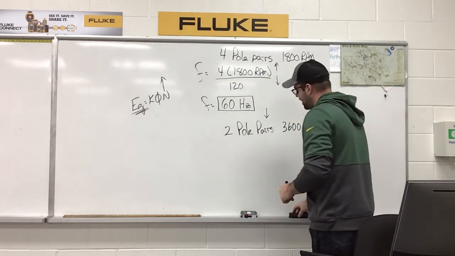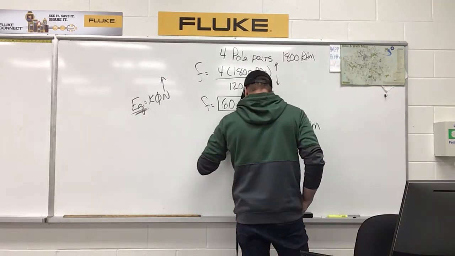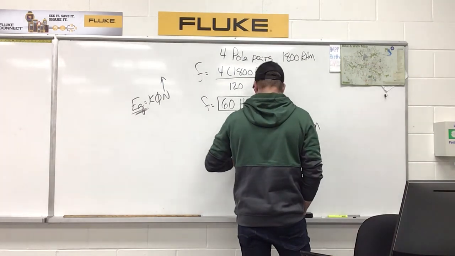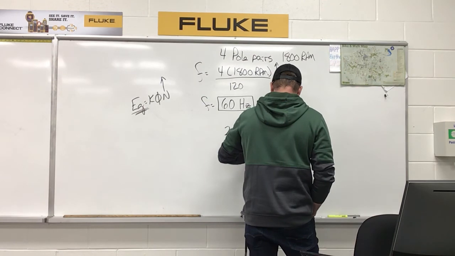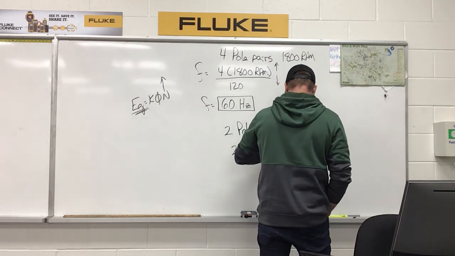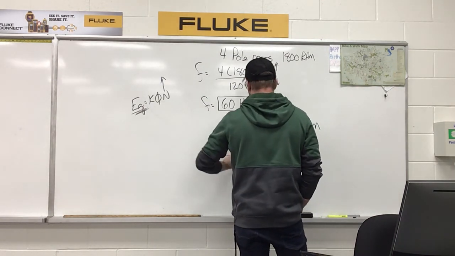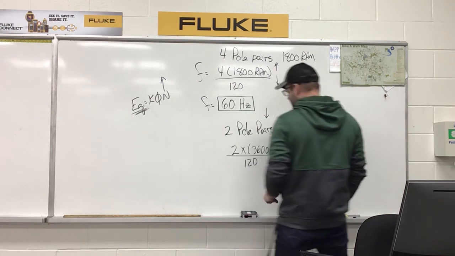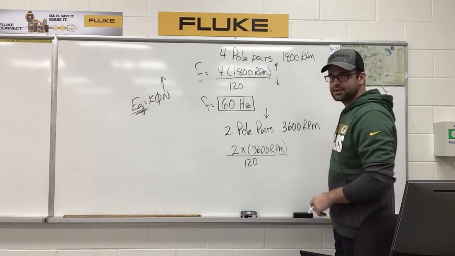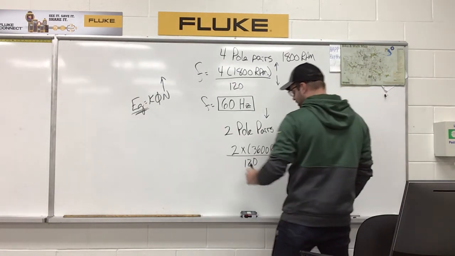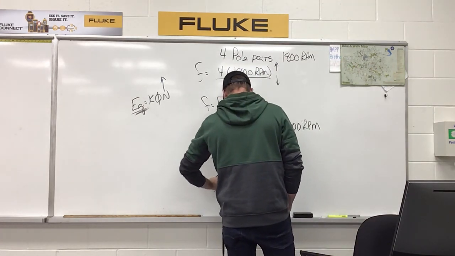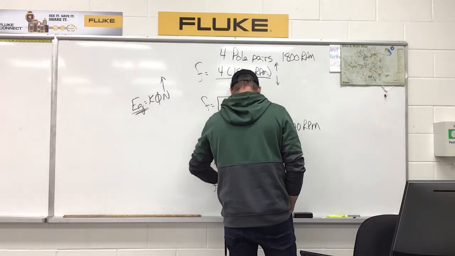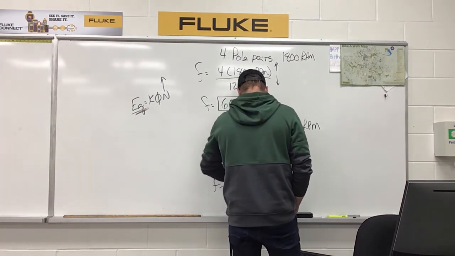If we plug that into the formula, we have 2 times 3600 divided by 120. So 2 times 3600, 7200 divided by 120. That also equals a frequency of 60 hertz.